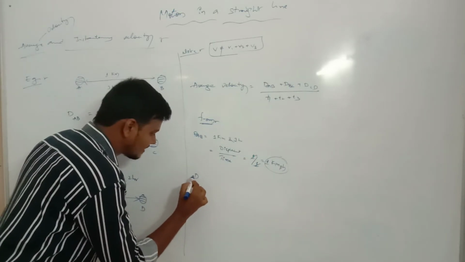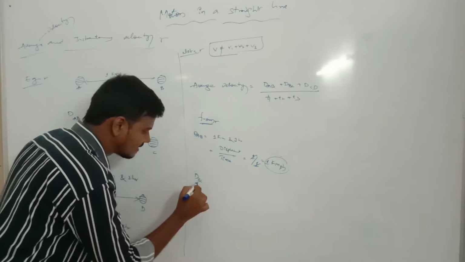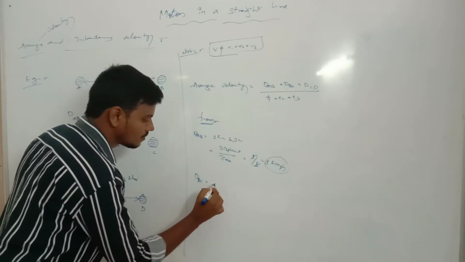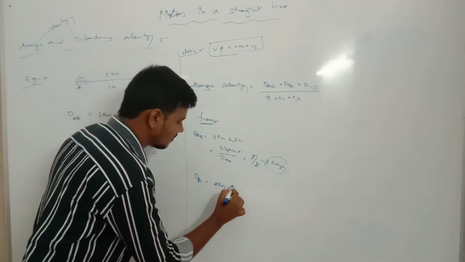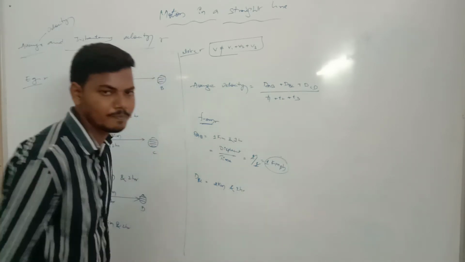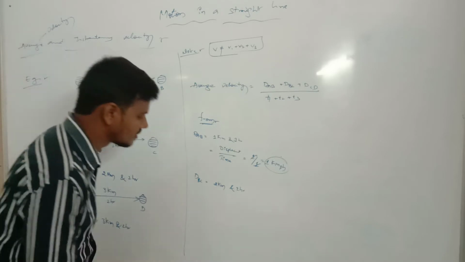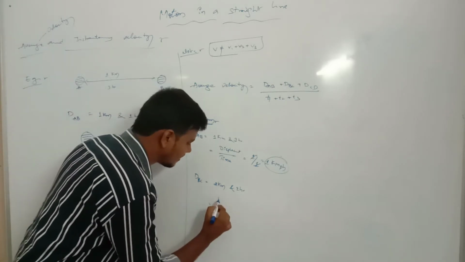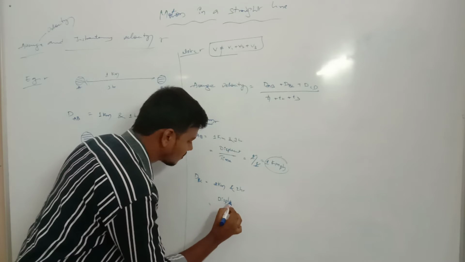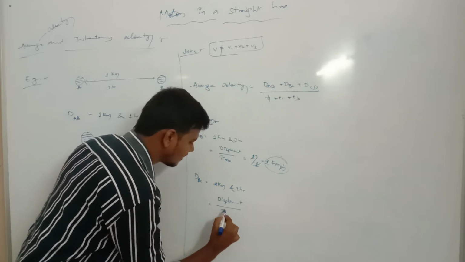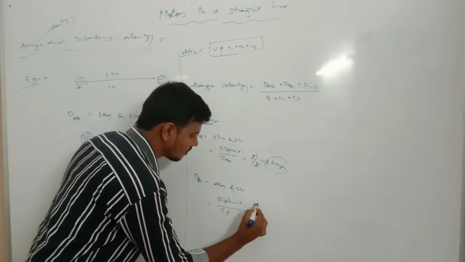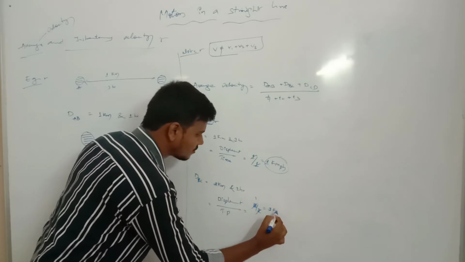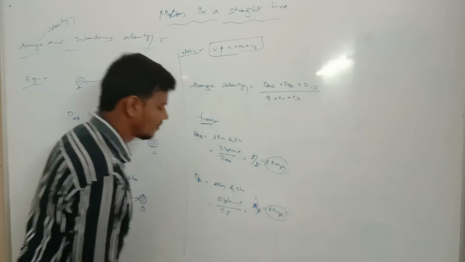The distance of BC is 2 kilometers and 2 hours of journey. Displacement divided by time period is 2 kilometers by 2 hours. Again we get 1 kilometer per hour.